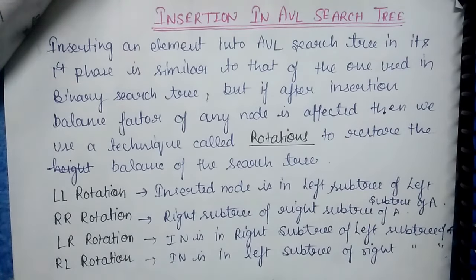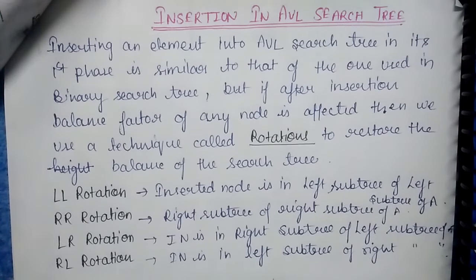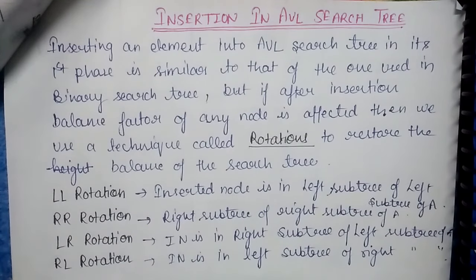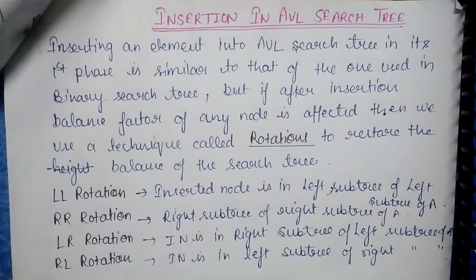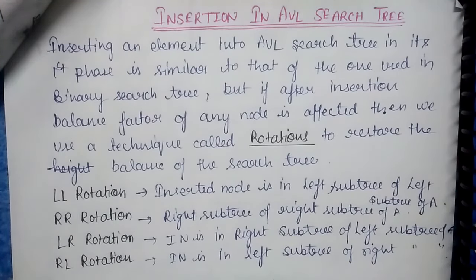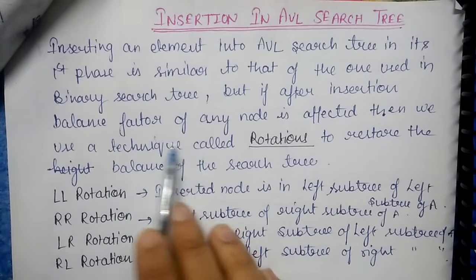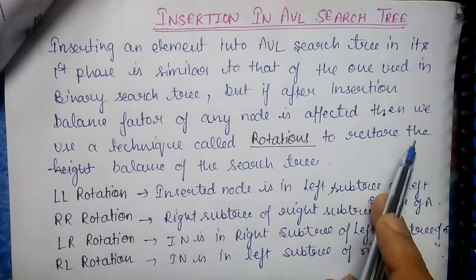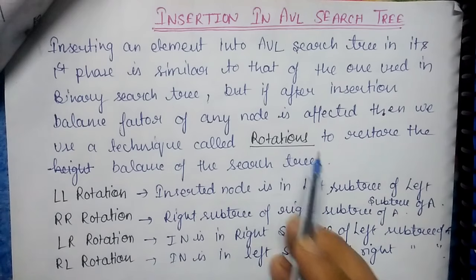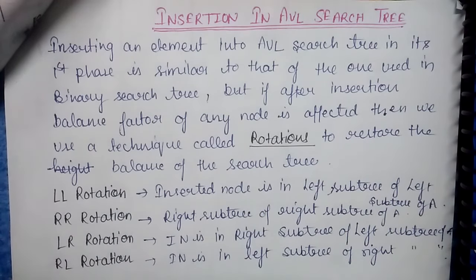That means we always insert the values in the AVL search tree like we insert into the binary search tree, but if the insertion results in an unbalanced height, that means if by the insertion any node is affected, then we use a technique called rotation to restore the balance of the search tree.